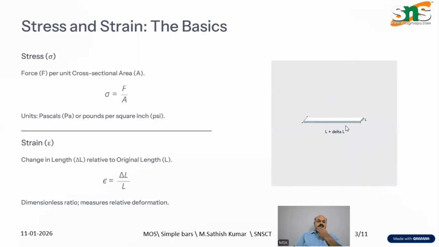This external load will cause deformation, and when we divide the force applied on this area by the area, we get the stress, and the unit is Newton per meter square, as we have already seen. And the strain is the change in length by original length, where the change in length is delta L, and the length is L. Since the numerator and denominator have the same unit, strain has no unit and is dimensionless.